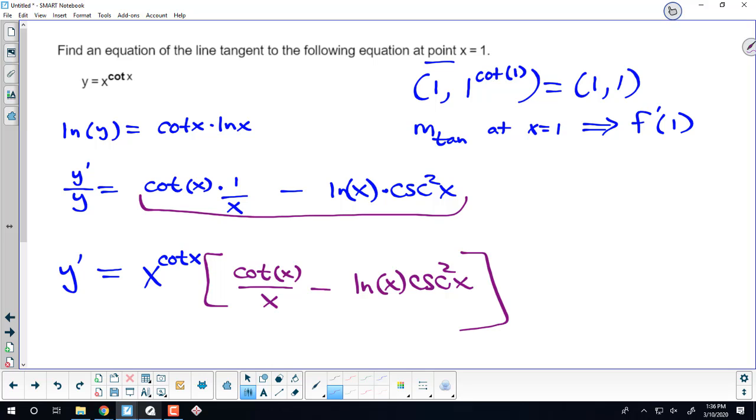All right, any questions on where we're at? We had to use the product rule, and then we multiply through by the original function.